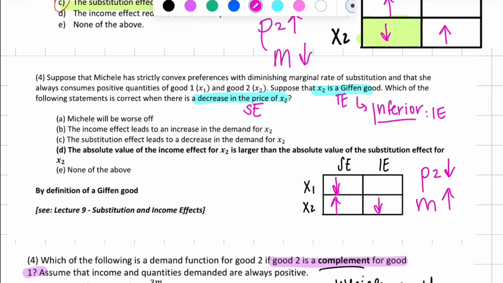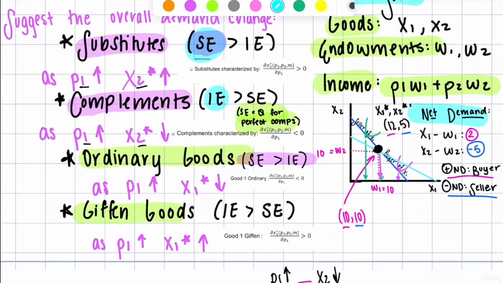Then we know for our total effect for a Giffen good, if the price of 2 is going down, our demand for X2 is also going down by definition of Giffen good. So this matches the direction of the income effect, P2 going down, X2 going down, so the income effect must be larger than substitution effect, and that's consistent with this definition.